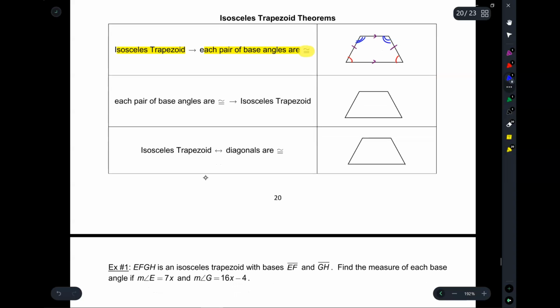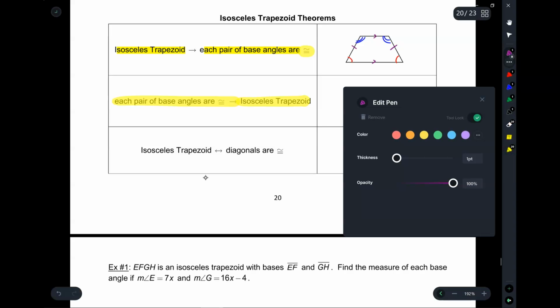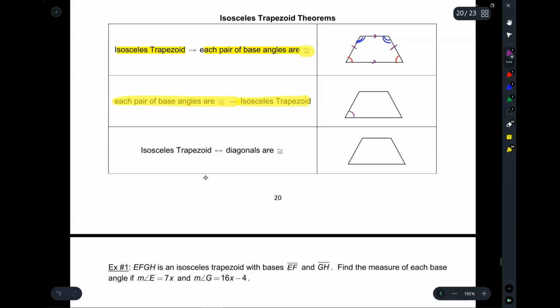Okay. Next, it's the converse of this one, which says if each pair of base angles are congruent, then the trapezoid is an isosceles. So for example, if this and this are congruent to each other, then the legs are congruent to each other. So this is the converse of the one above.